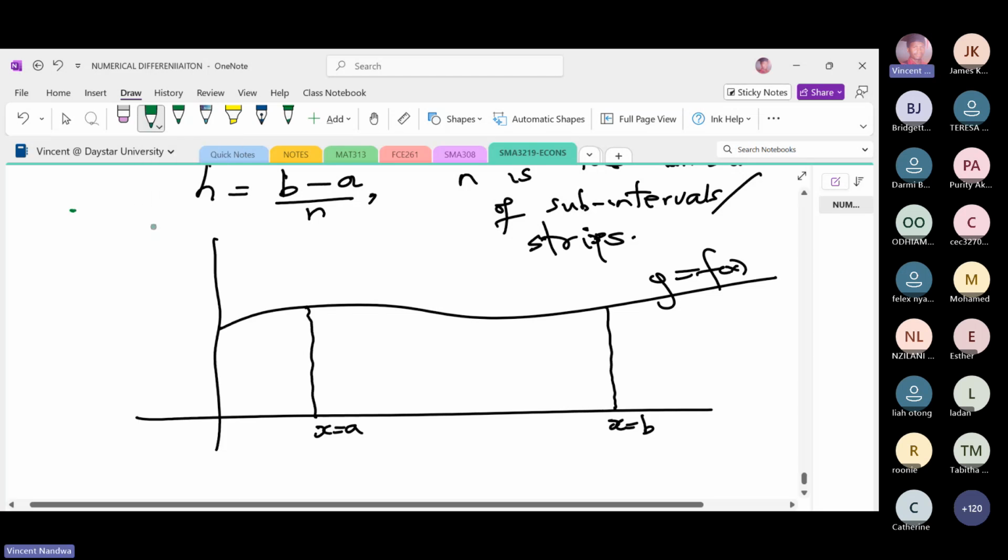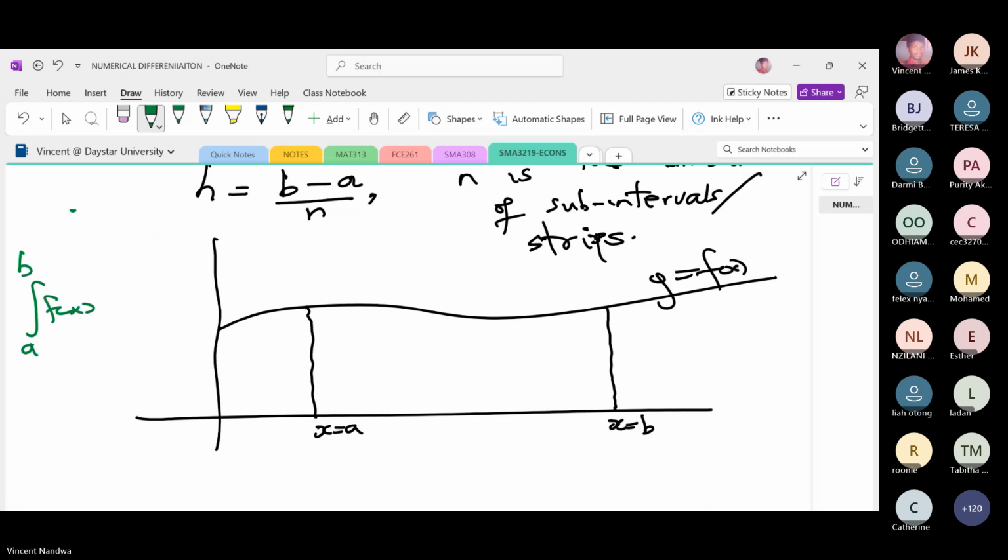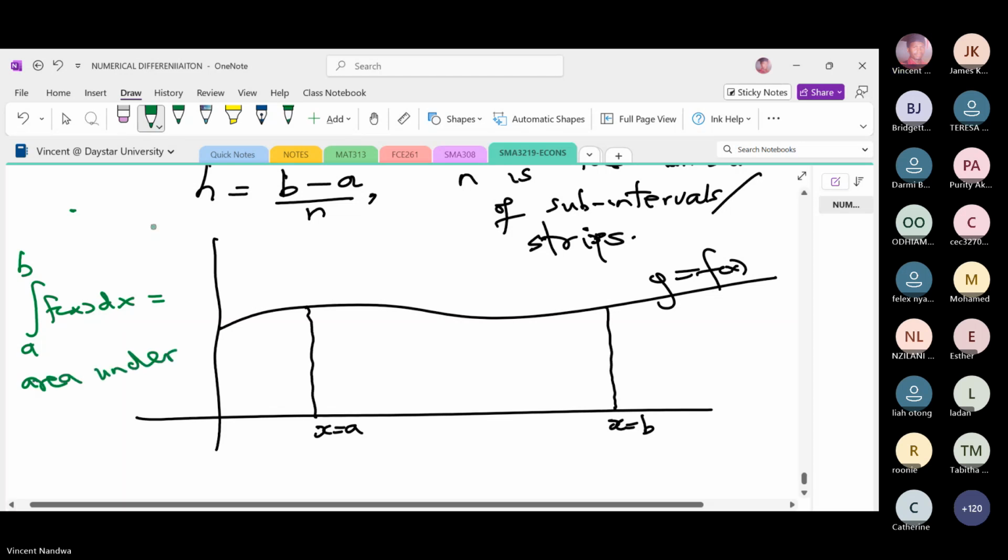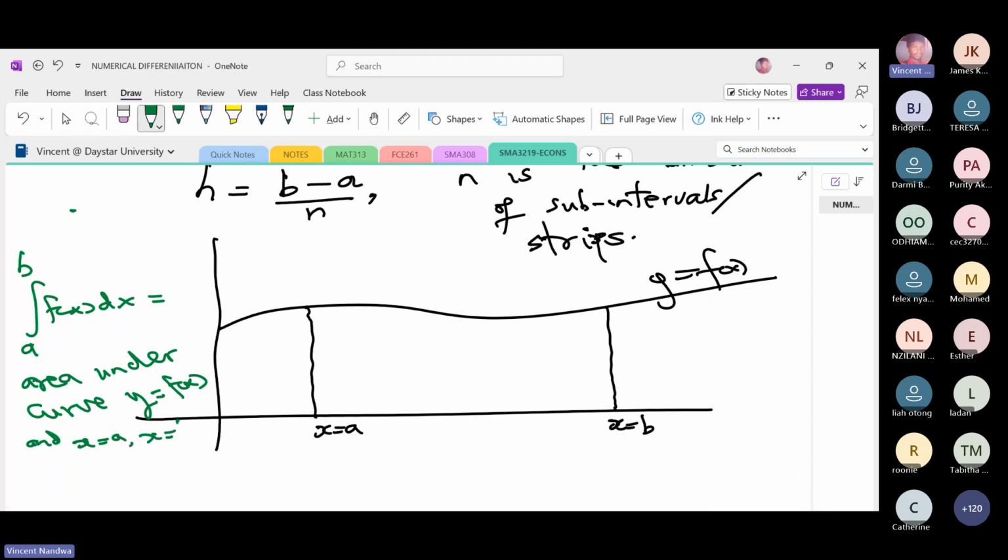The integration from a to b of the function f of x dx, we interpret as the area under the curve y equals f of x and the lines x equals a and x equals b.